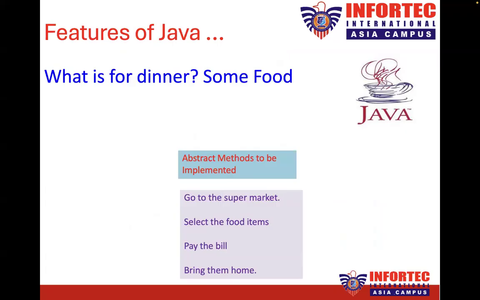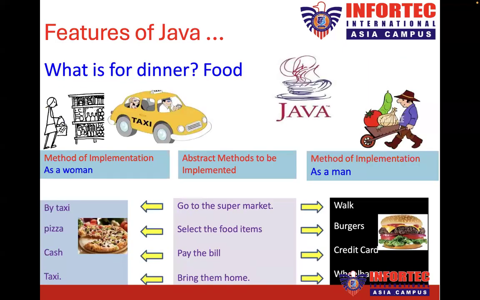But there's a huge process behind that. But I'm not telling you those unnecessary details. I just tell some food. So in that, you have to go to the supermarket. You have to select some food items, pay the bill, bring them home. There's a huge process behind that. We call it abstraction.